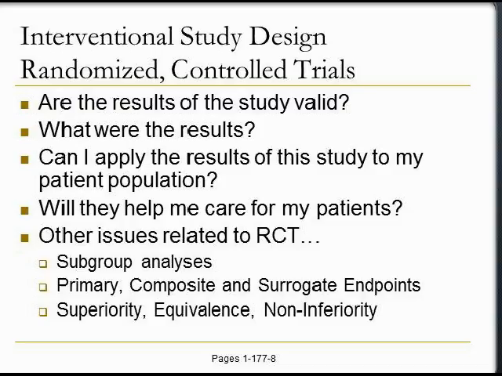Obviously, there are lots of questions that we want to ask about randomized controlled trials. Are the results of the study valid? Can I apply this to my patient population? Will they help me take care of my patients? Internal validity versus external validity types of questions.